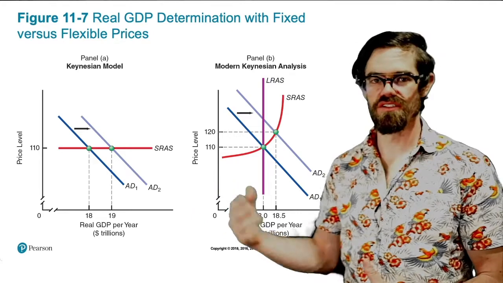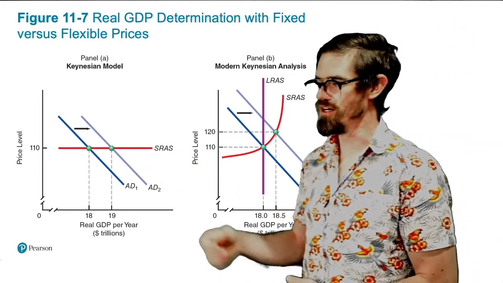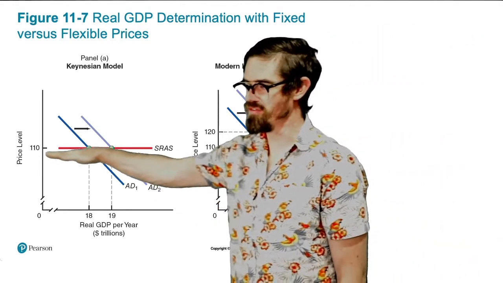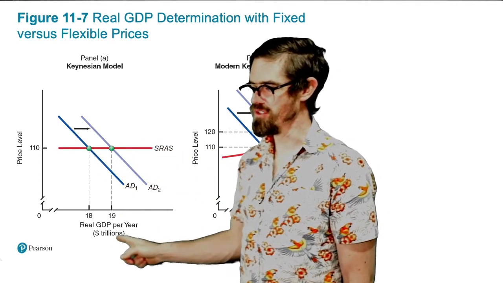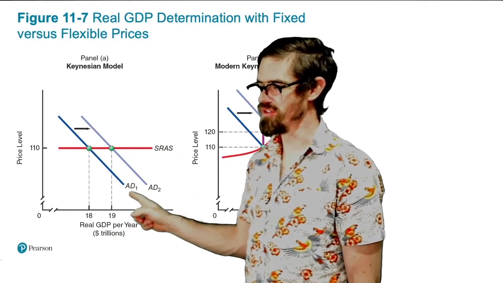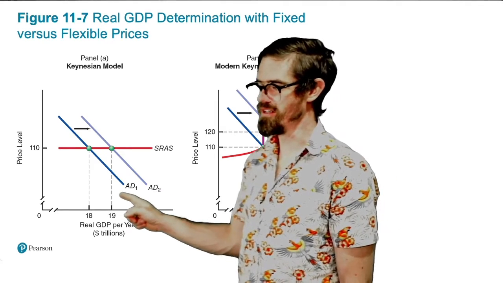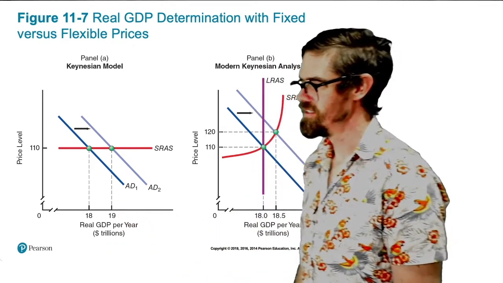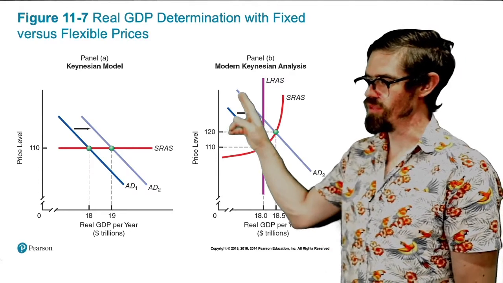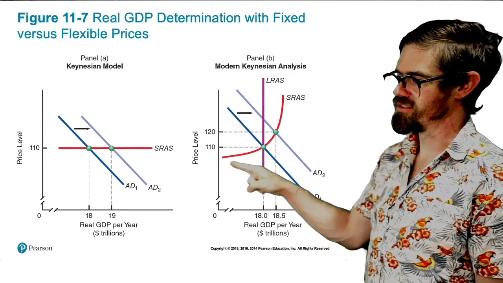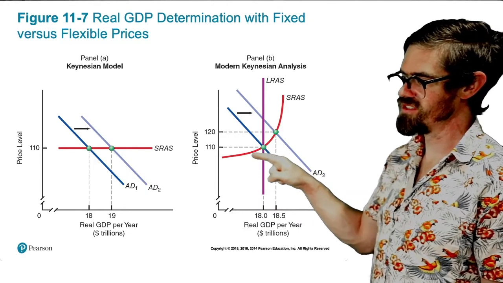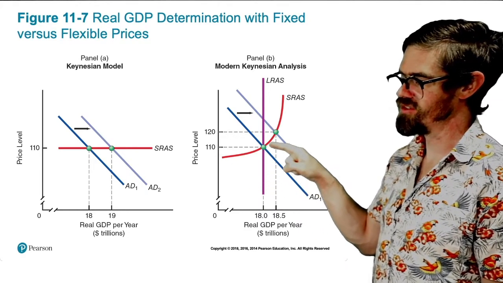Okay, so here's a comparison of the original Keynesian model where prices are perfectly sticky, no movement in prices, and real GDP is being driven by aggregate demand by itself, compared with the modern Keynesian model where we see that in the short-run aggregate supply curve, prices are somewhat sticky, but not totally.